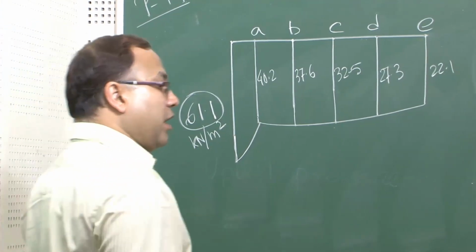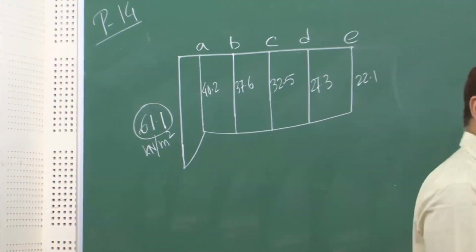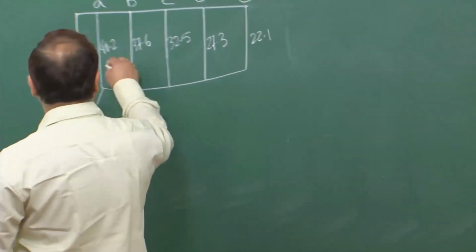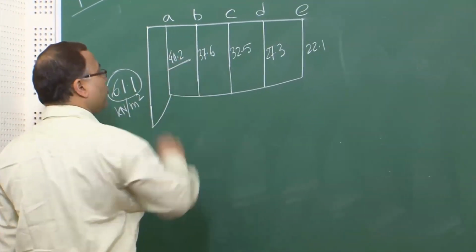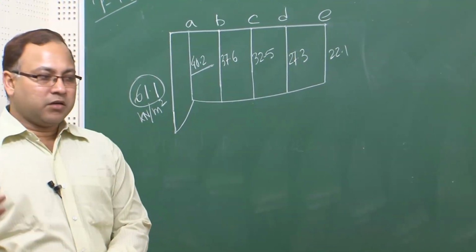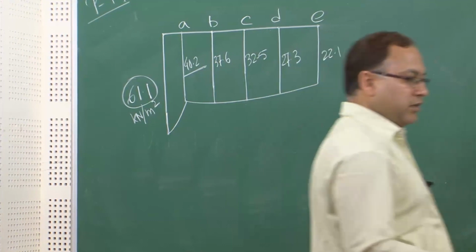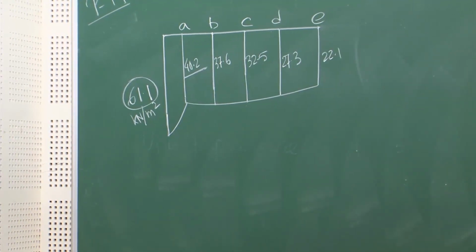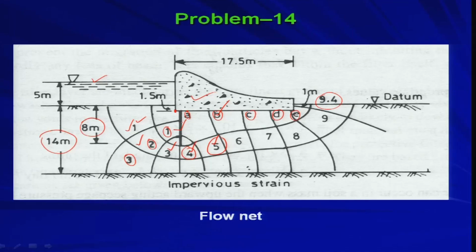Now, because you have put a cutoff, you have got an immediate reduction in the pressure. This is your cutoff, right. Immediately behind the cutoff the point A is situated, and at point A you are getting a reduction in the pressure. So, this cutoff will reduce the uplift pressure. This is another lesson you have got now.